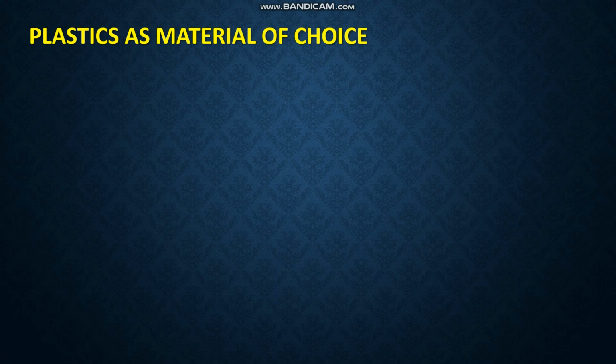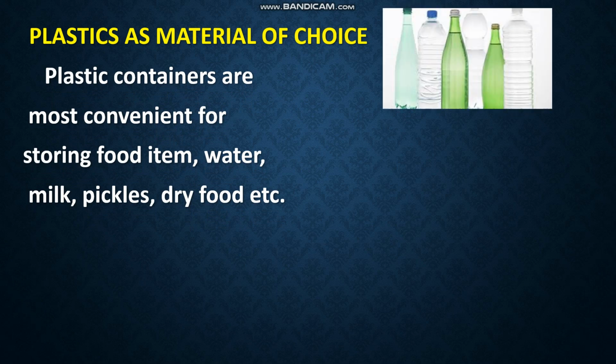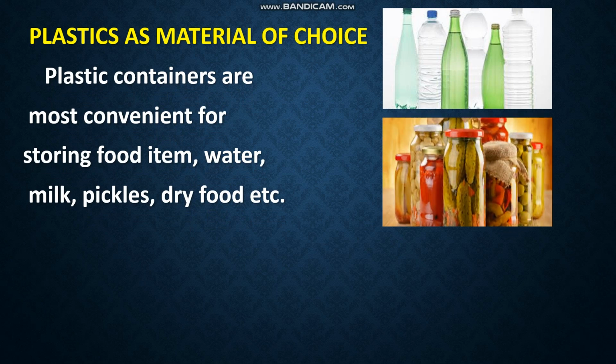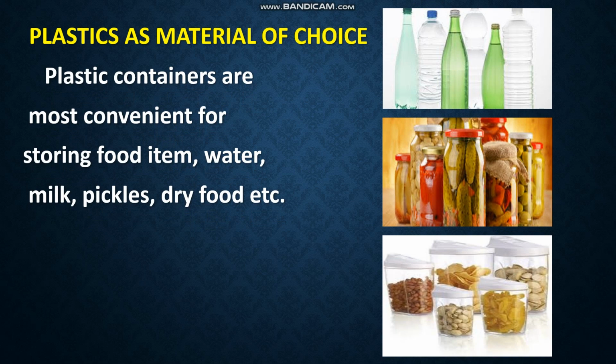Now let us see plastics as material of choice. That means compared to other materials, why we are choosing plastic. For example, plastic containers are most convenient for storing food items, water, milk, etc., and pickles, dry food, etc. You all are using this plastic material. What is the reason?